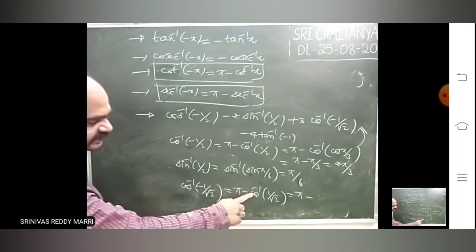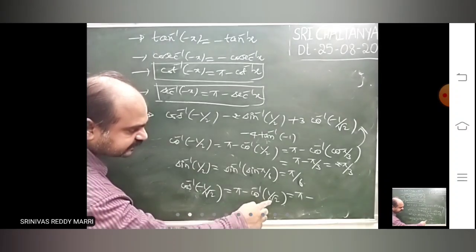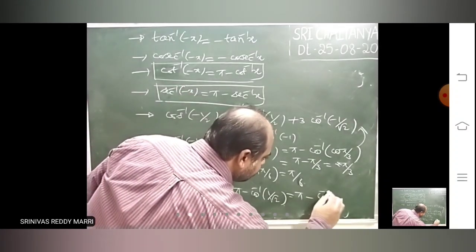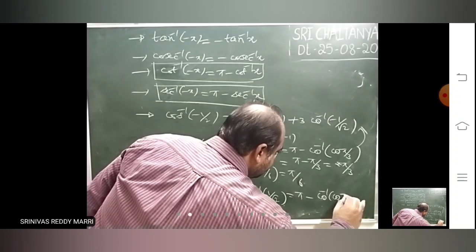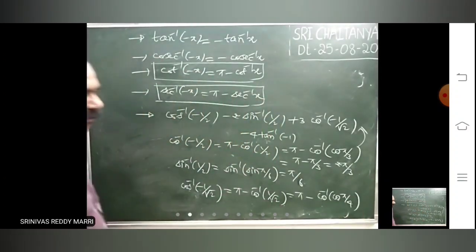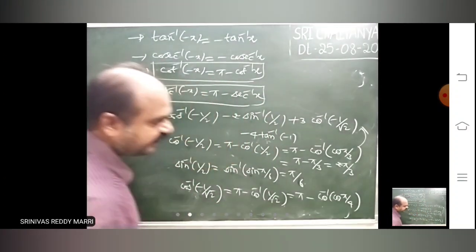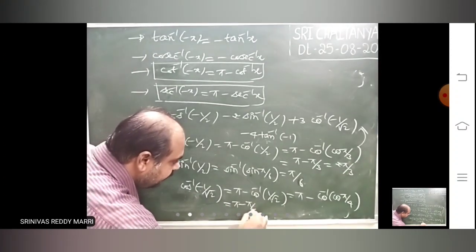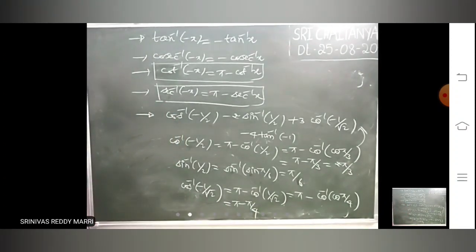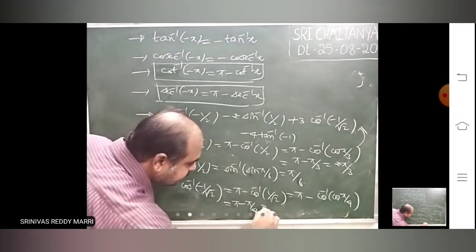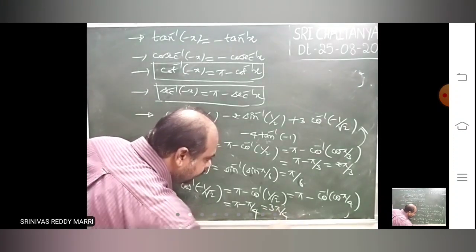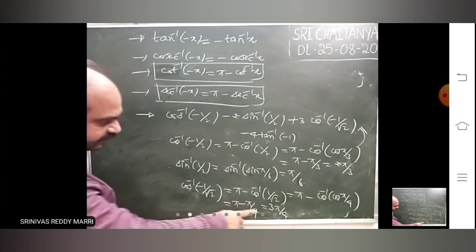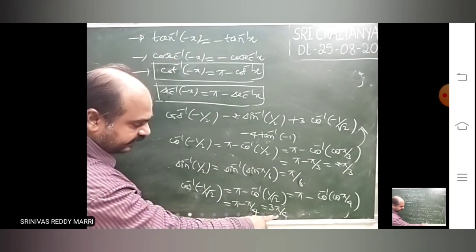What is that? Cos pi by 4. Cos inverse cos pi by 4. Cos inverse cos x is x. That means you will get pi minus pi by 4. If you take the LCM, what do you get? 3 pi by 4. So this value is 3 pi by 4.